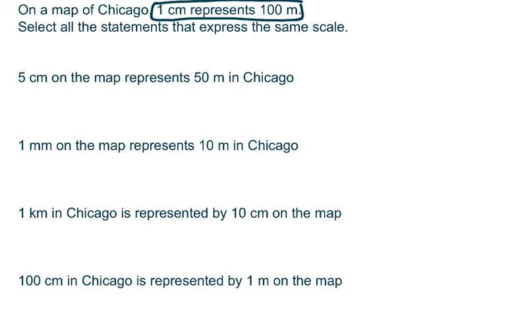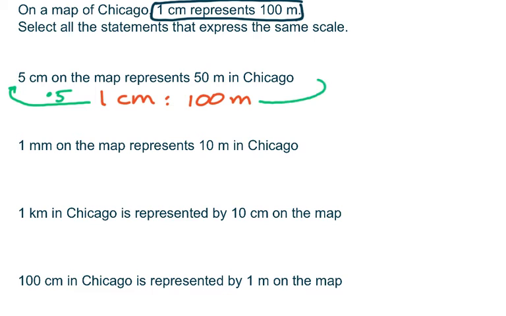We know that our original relationship is 1 centimeter gives us 100 meters. So the question is, are these equivalent? I noticed that I could go from 1 centimeter to 5 centimeters by multiplying by 5. 1 centimeter by 5 gives me 5 centimeters.